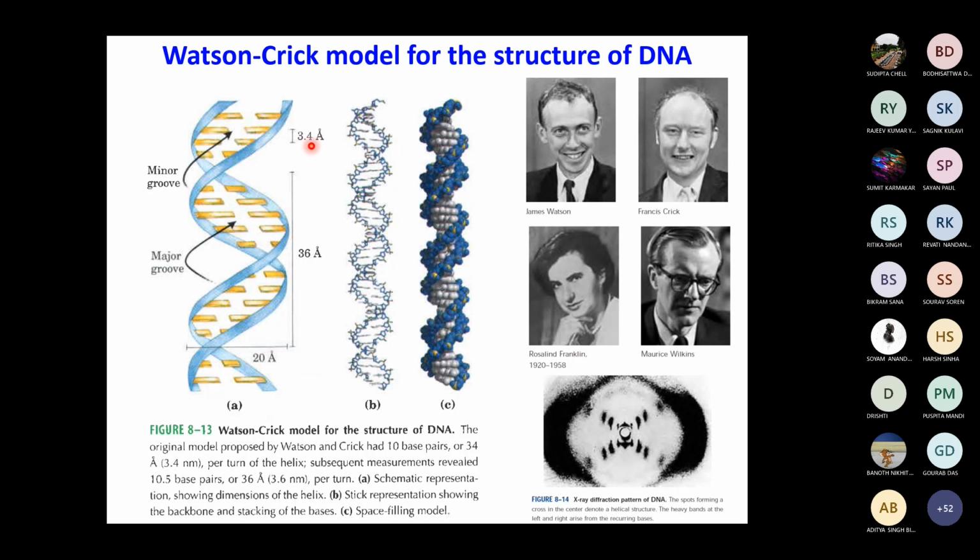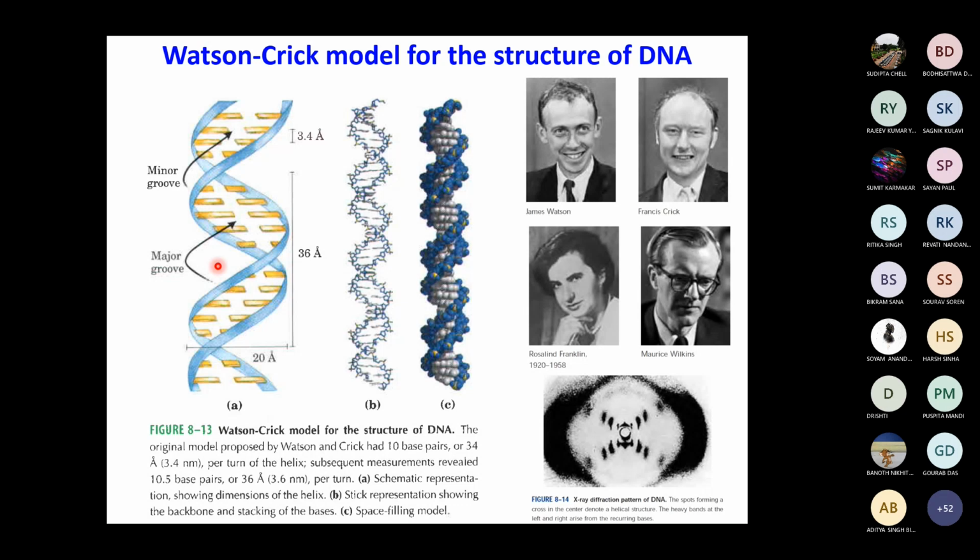So there is a little change. I mean, not exactly, 10 base pairs with the 36 Angstrom is moving. So that is why some books write 3.4, some write 3.6. So not a big issue. You can write anything, 3.6 or 3.4, that is okay. The turn, the distance.